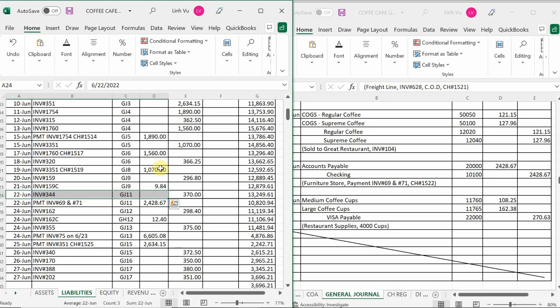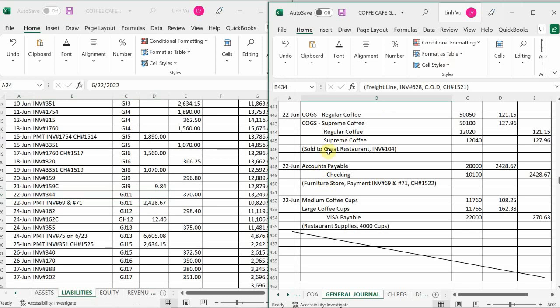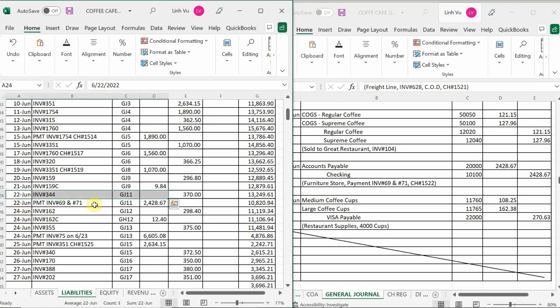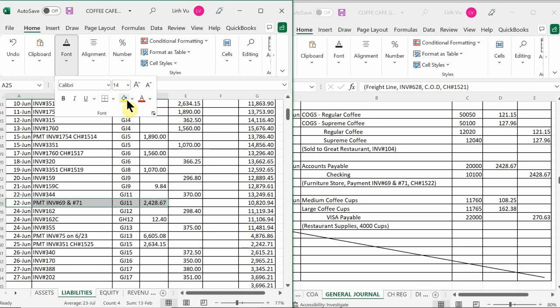I paid $24.28 on the 22nd. Huh. Why do I have this 340?